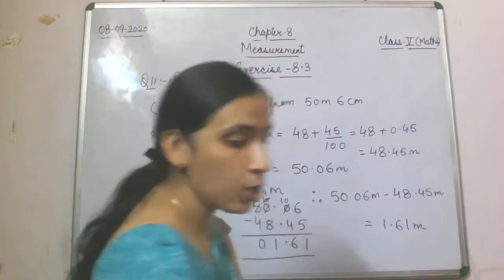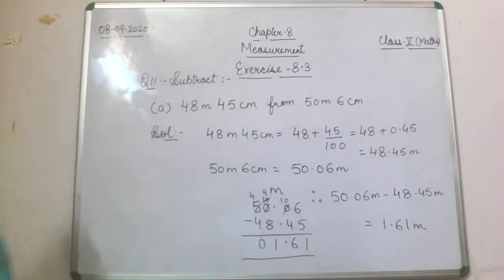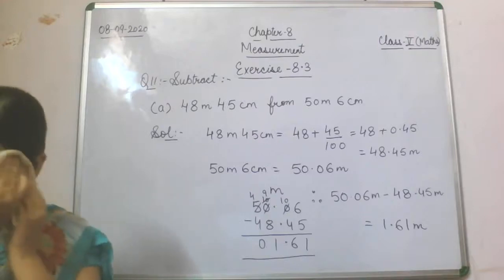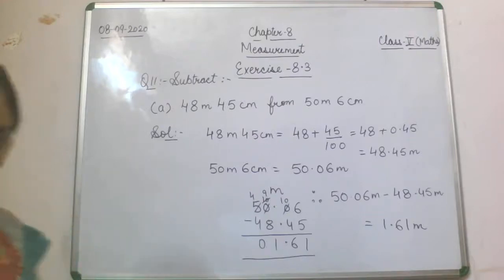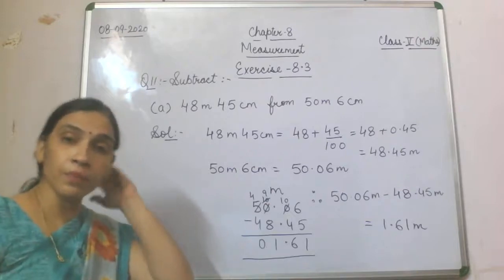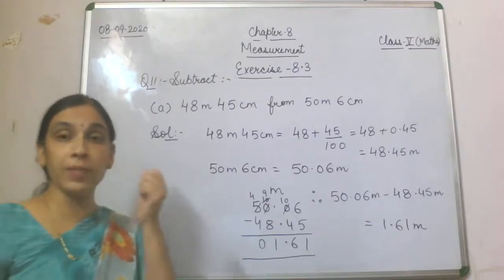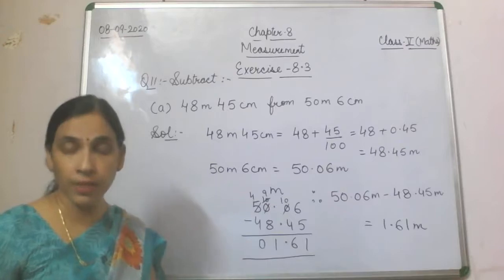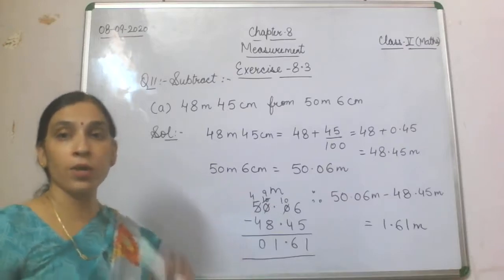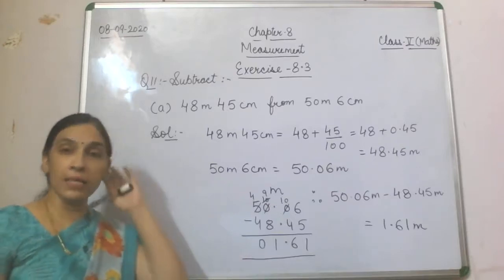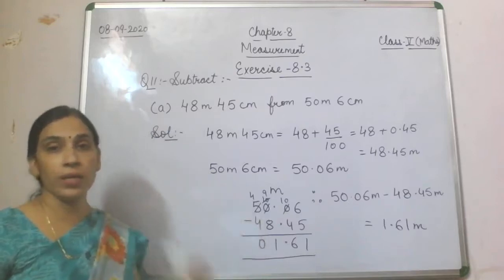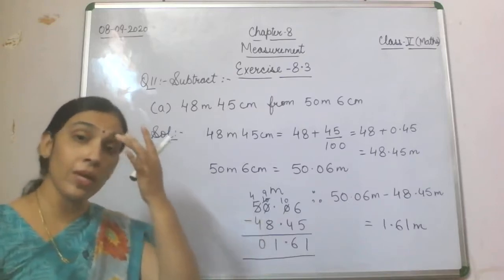Children, in your previous class you were doing the subtraction by writing meter and centimeter, and if you want, you can do it that way. But here, because we are doing subtraction and addition of decimals, we will utilize our concept of decimals, convert, and do the addition and subtraction in the form of decimals.